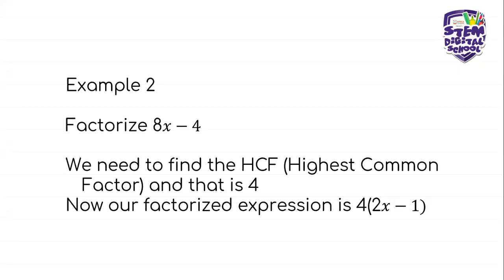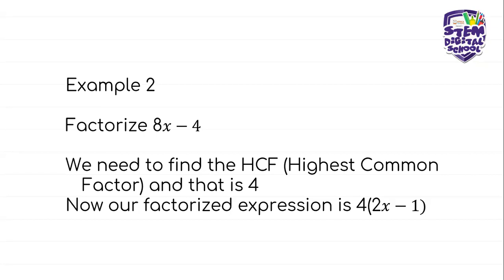Because if you just take the lowest common factor, then you may have to redo your factorization in order to simplify. So make sure at all times that the factor you take is the highest, and it must be the common factor, so it must be in both terms.